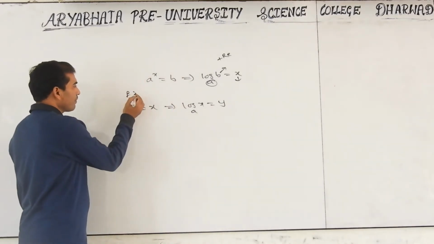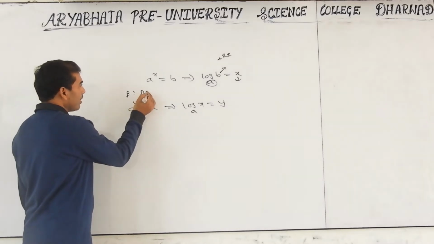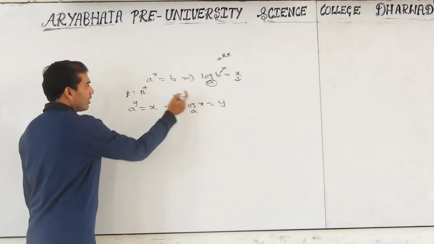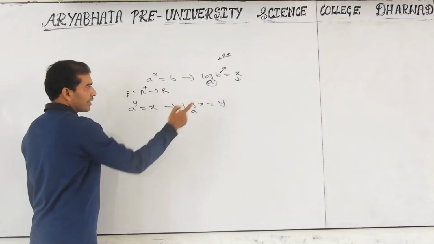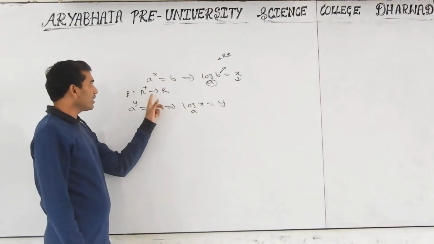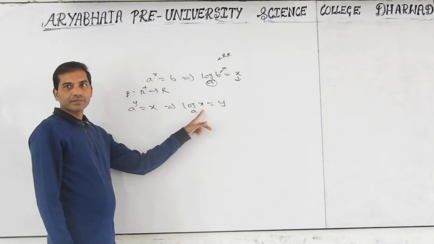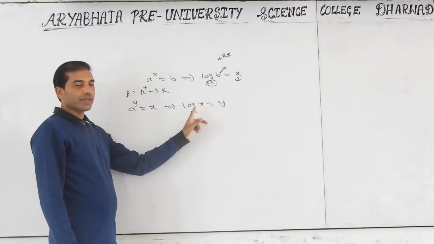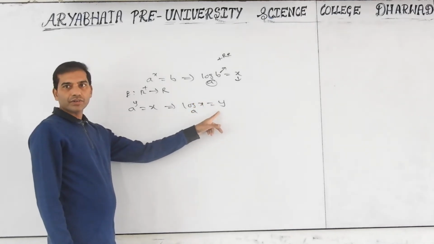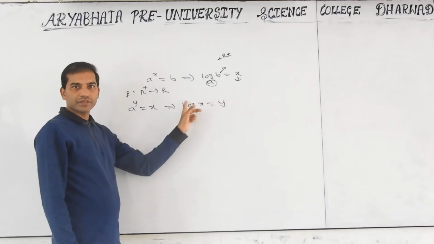Here f is defined from the domain R plus to R, real numbers. The codomain is the real numbers, the domain is R plus. Then log x base a equal to y. Okay, this is called the logarithmic function.